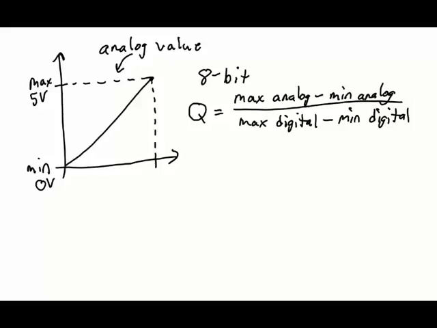We can also find out the maximum and minimum digital values by knowing that we're going to store the value in 8 bits. The minimum digital value will always be 0. The maximum digital value can be found by taking the number 2 to the power of the number of bits that you have and subtracting 1.